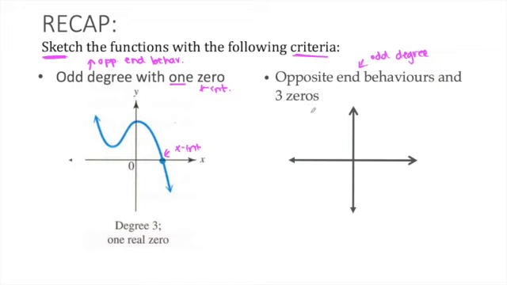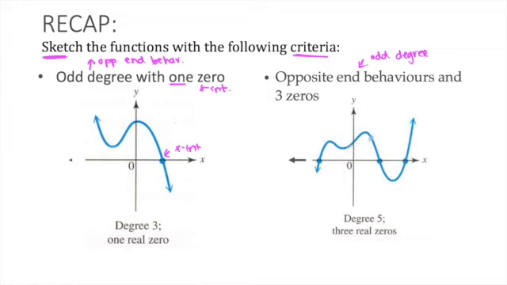Okay, so opposite end behaviors, here's an example. So they did degree 1, 2, 3, 4, so it would be degree 5 here. Okay, and 3 real zeros, so here's 1, 2, and 3. Again, they just drew that example, but there are lots and lots and lots of examples that you could have sketched that have that criteria, okay?